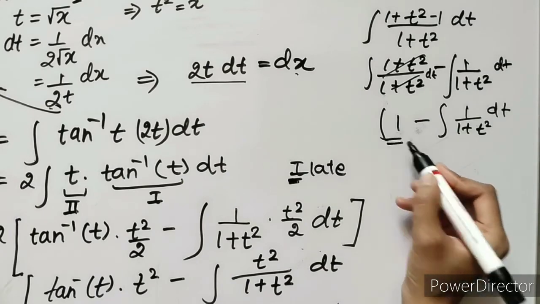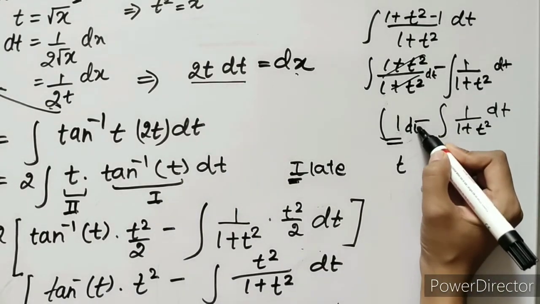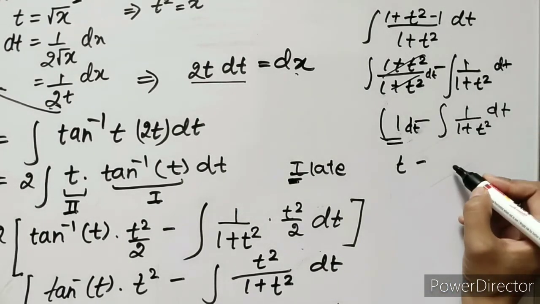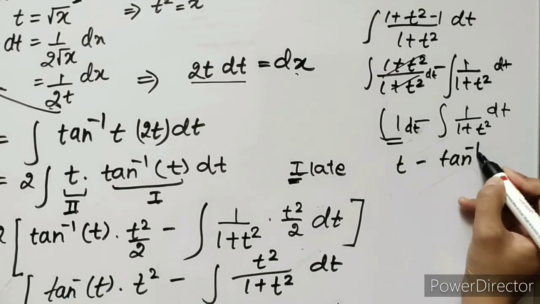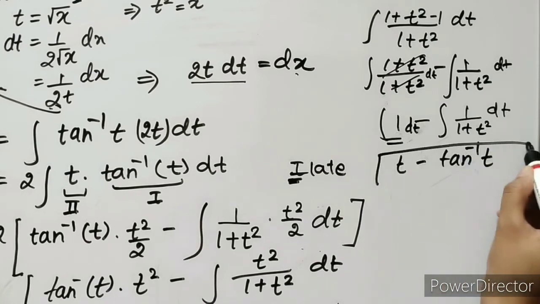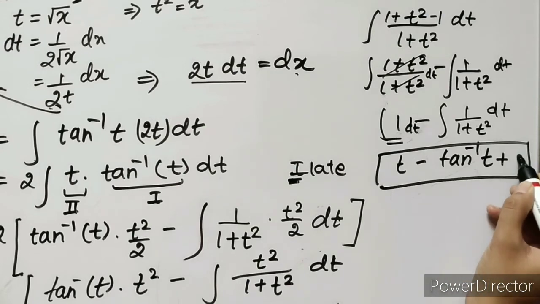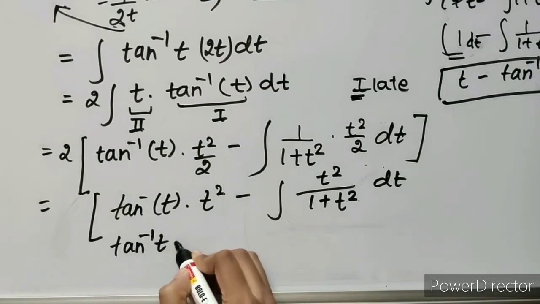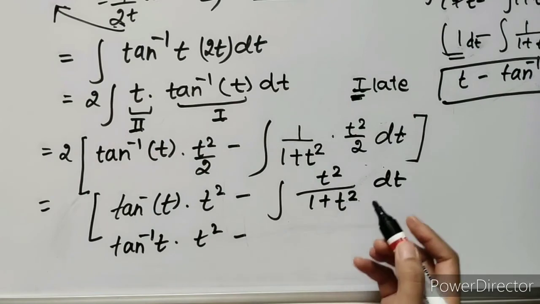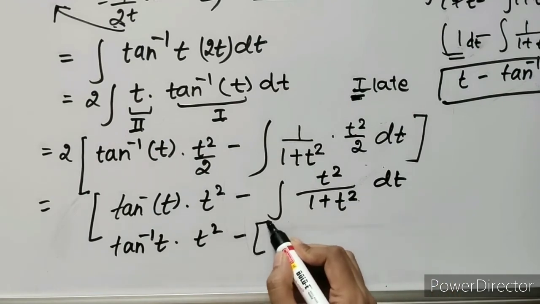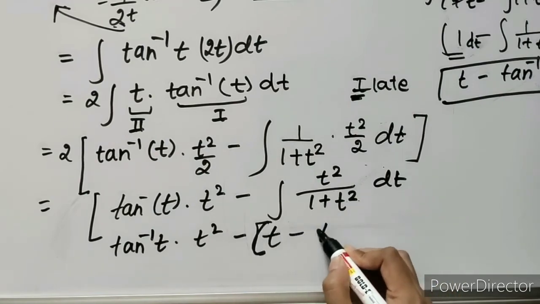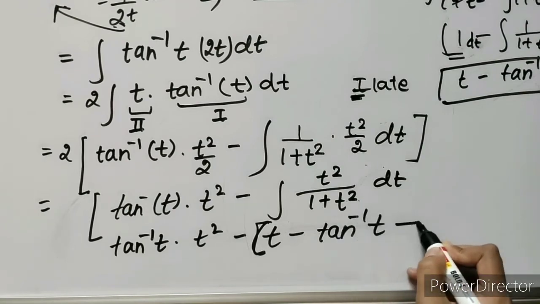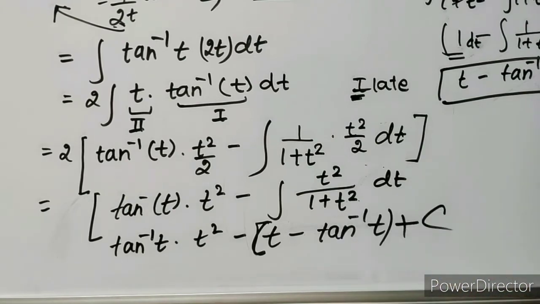The integral of this will be t, and the integral of this will be tan inverse t. So we got to know this is the final answer of this integral, so we will use this result. Now this will be as it is, tan inverse t times t square, minus, we will use that result, bracket t minus tan inverse t, plus c, taking the constant for the whole integral.